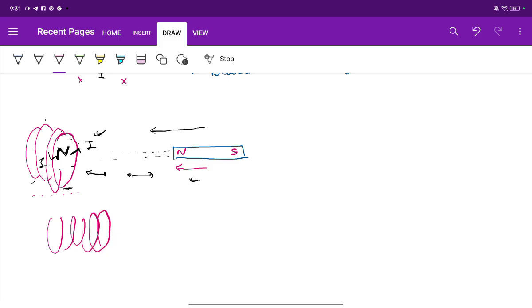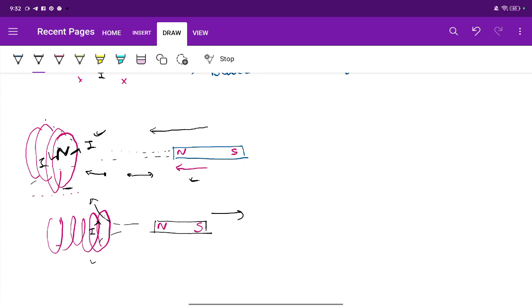Now let's say you are receding from this loop, you are going away from this loop. Let's say this was north pole and this was south. So what will happen? You are actually going away, right? The flux linked with this coil is decreasing. So in this loop, electric current will be produced due to this receding motion of the external bar magnet, or due to this external field.